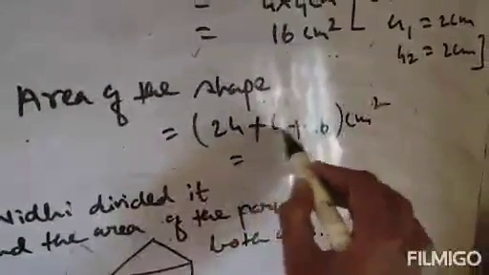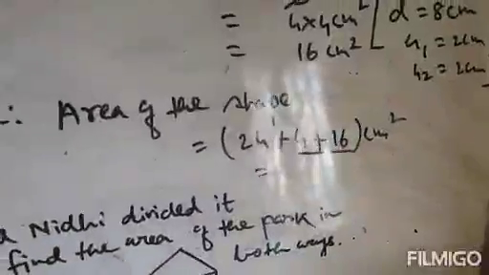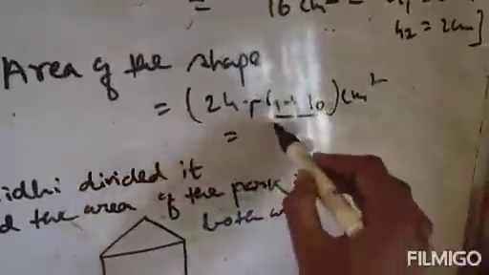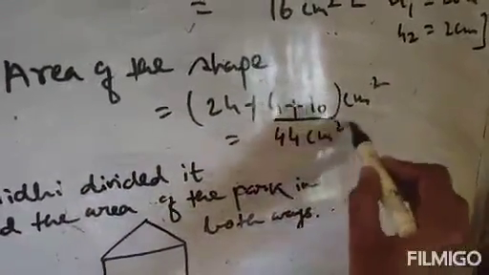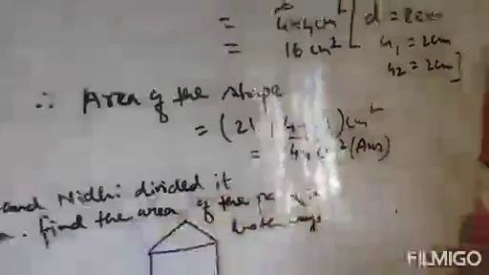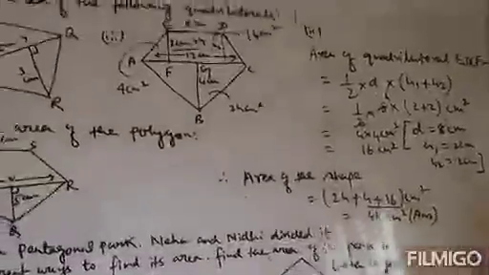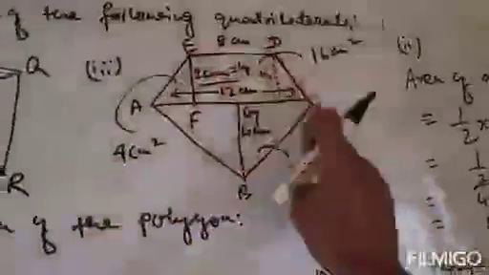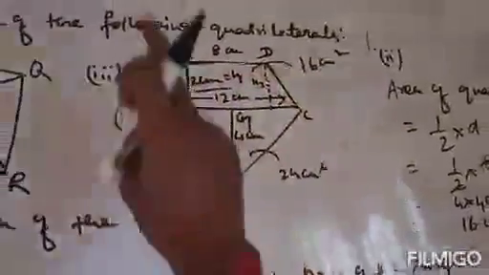So 24 plus 16 plus 4 is 44 centimeter square. The area of this shape will be 44 centimeter square. Clear? So this is the area of the total shape.